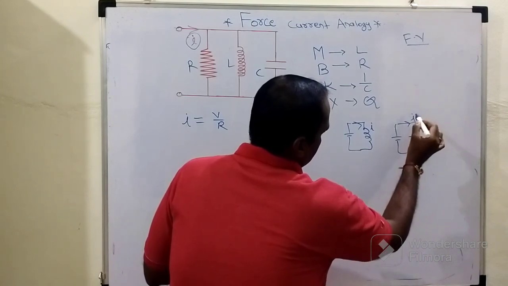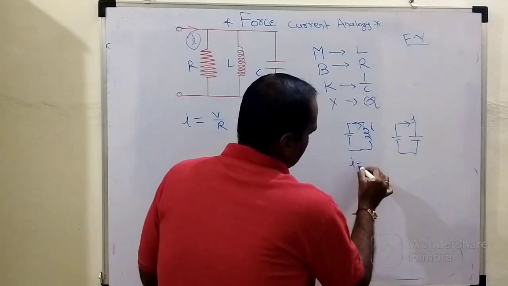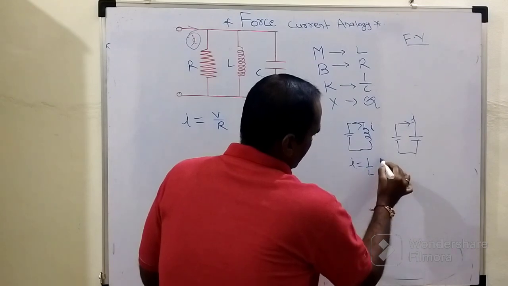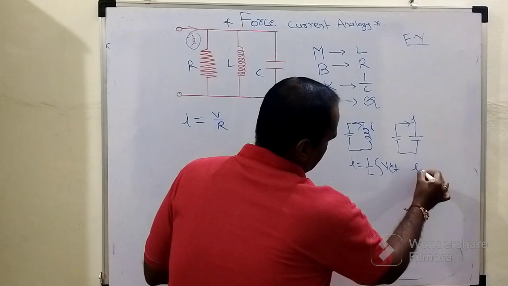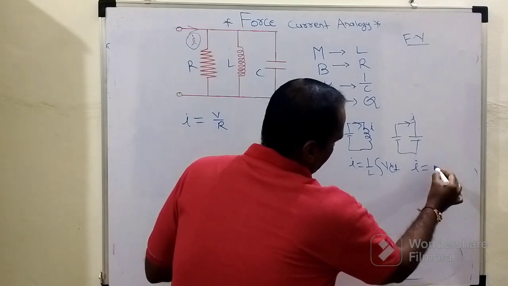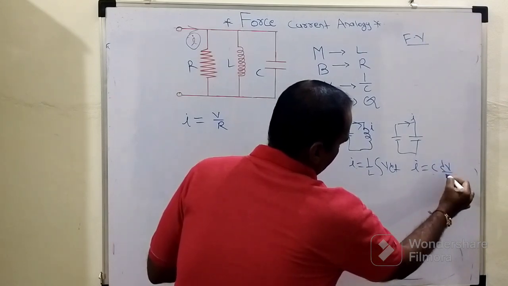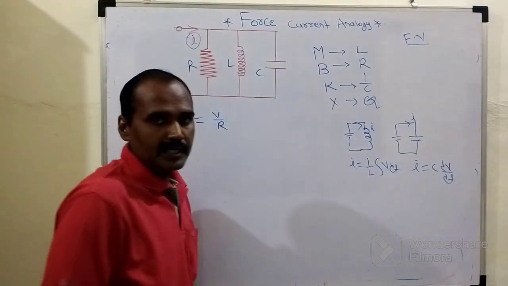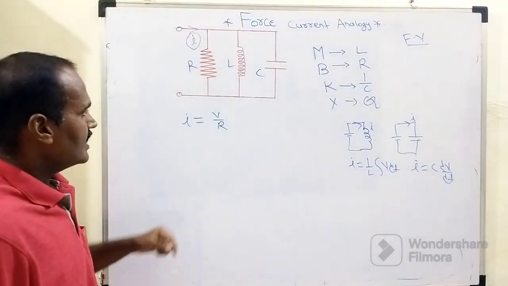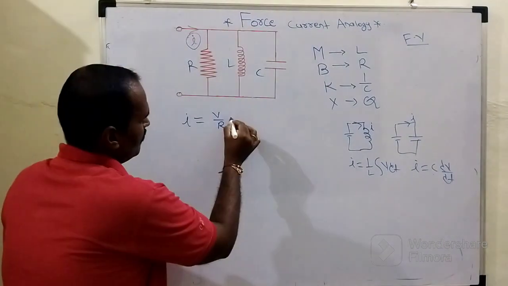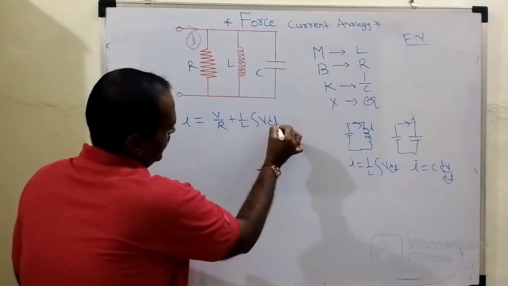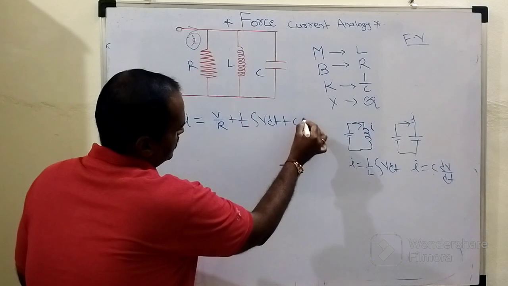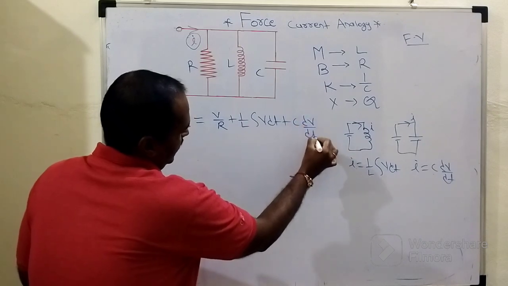The current flowing through the inductor is 1 over L integral of V dt, and the current flowing through the capacitor is C into dV by dt. So this equation will become I equals V by R plus 1 over L integral of V dt plus C into dV by dt.